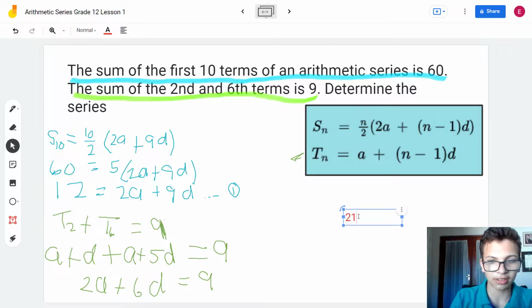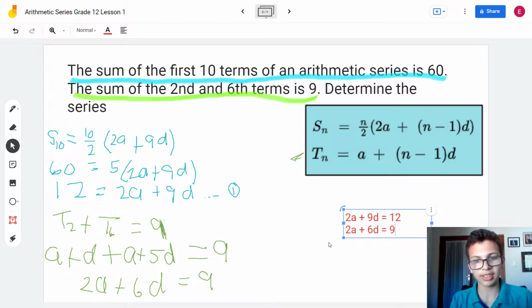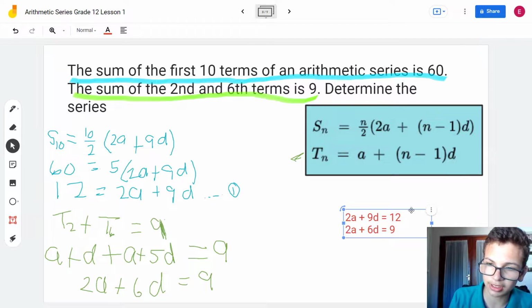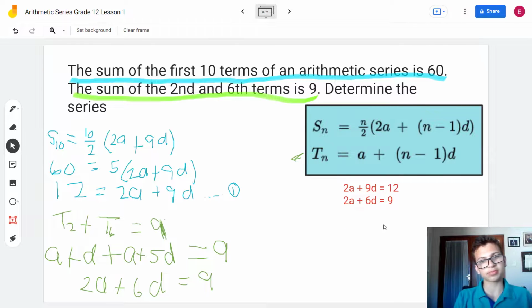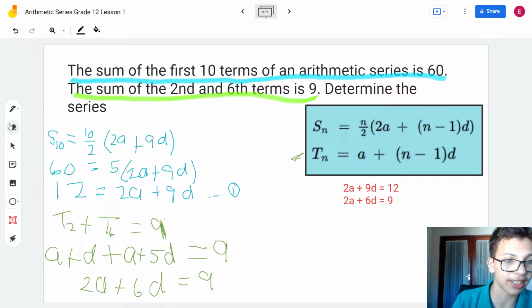We have 2a plus 9d equals 12, and we have 2a plus 6d equals 9. Okay, so those are our two equations. And that's how we got those two equations, right? Now we have a simultaneous equation in terms of a and d. And now we can actually solve for a and d.